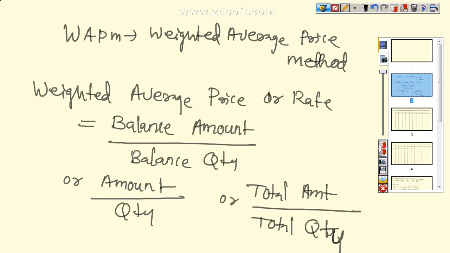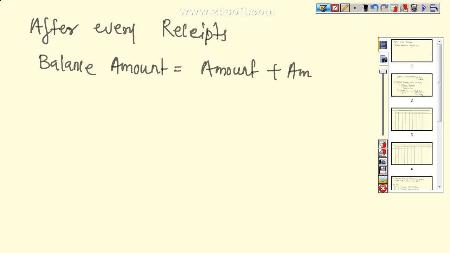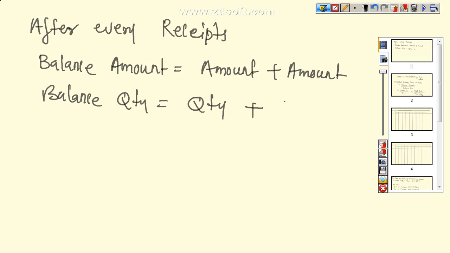Now how do we calculate the balance amount and balance quantity? After every receipt, meaning purchases, balance amount is equal to amount plus amount, and balance quantity is equal to the already existing quantity plus the quantity purchased.